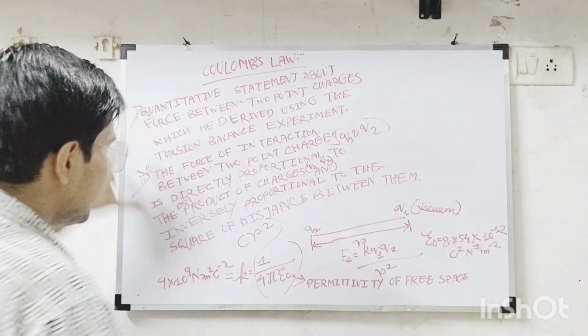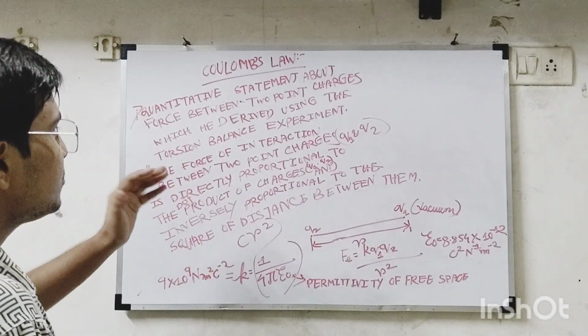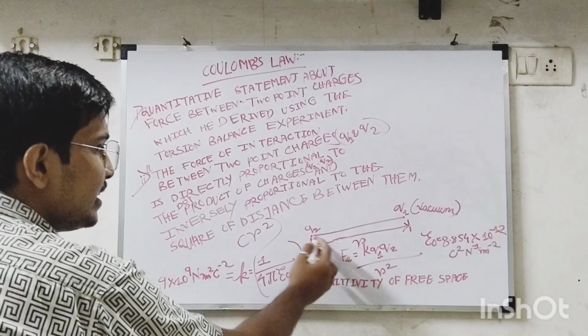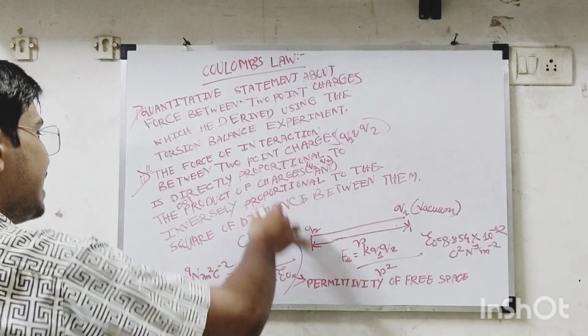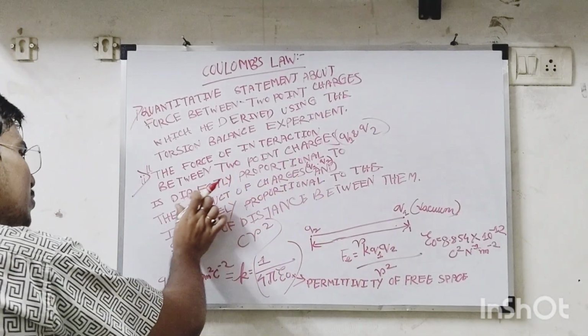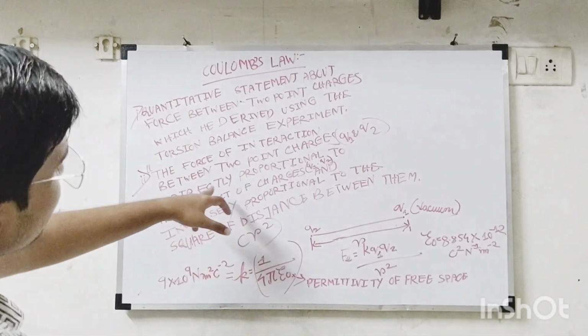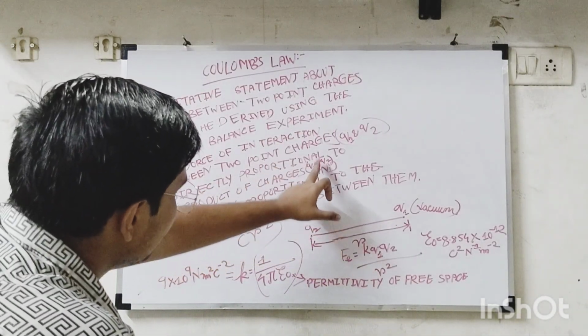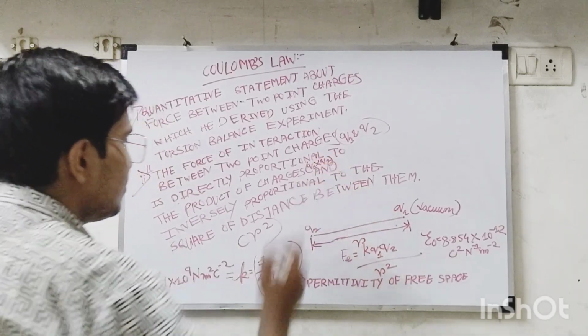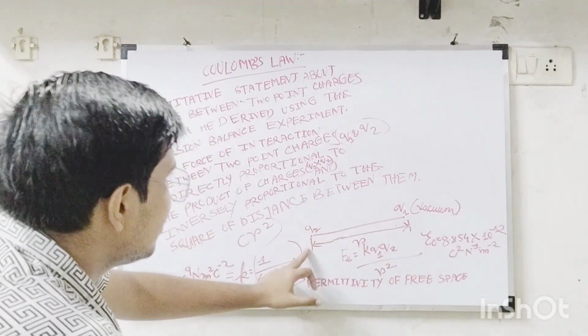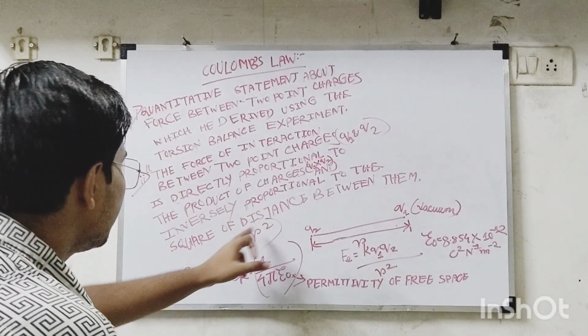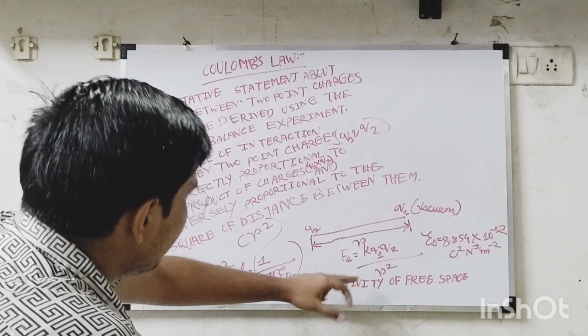Just remember this law statement: the force of interaction between 2 point charges Q1 and Q2 is directly proportional to the product of charges, Q1 into Q2, and inversely proportional to the square of distance between them.